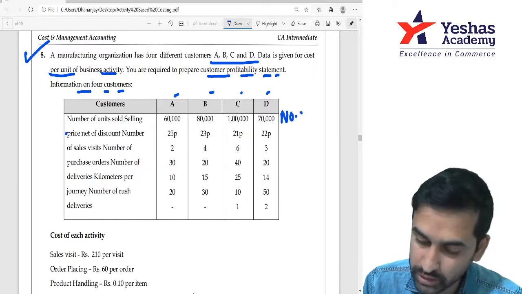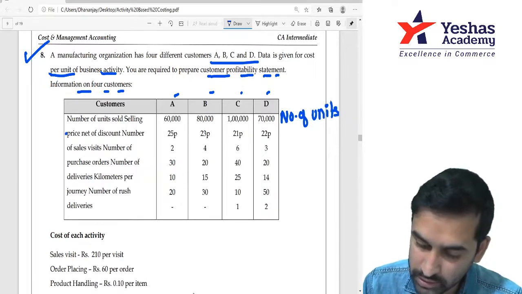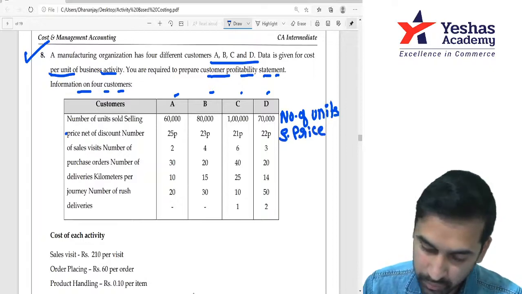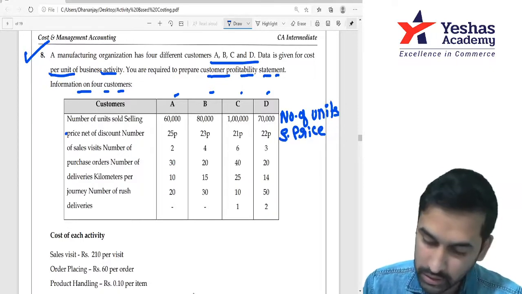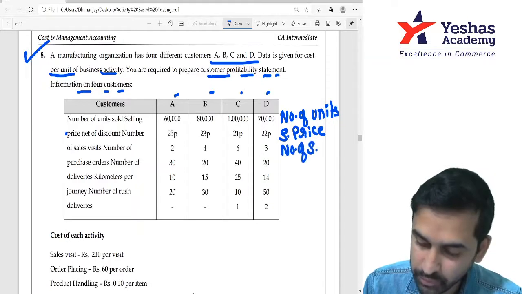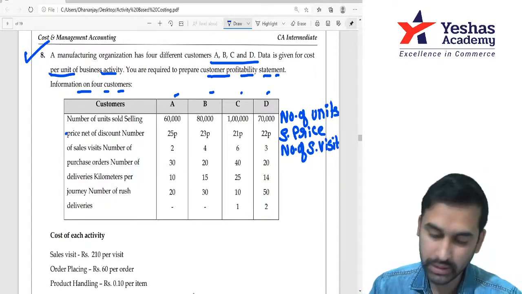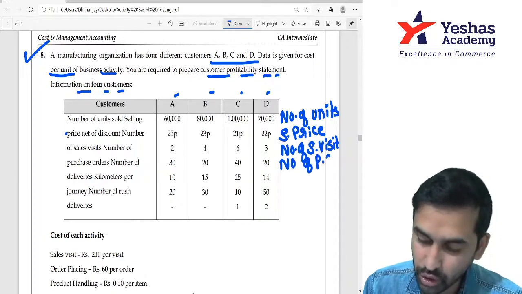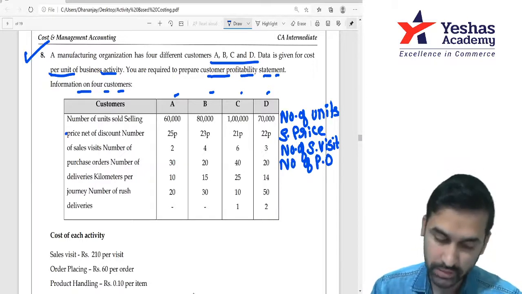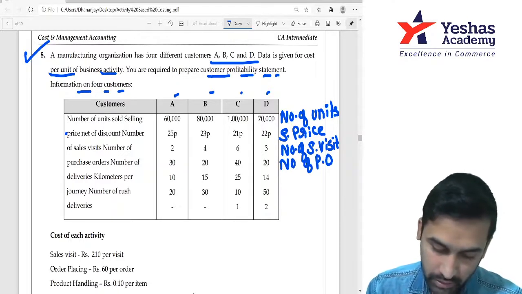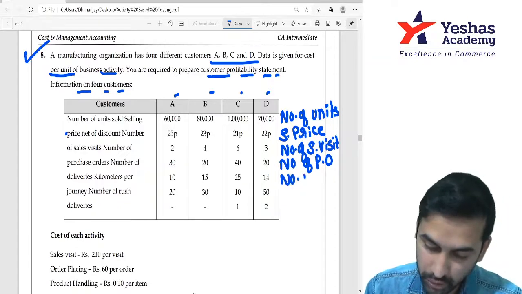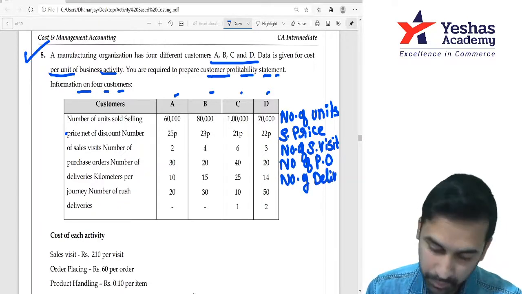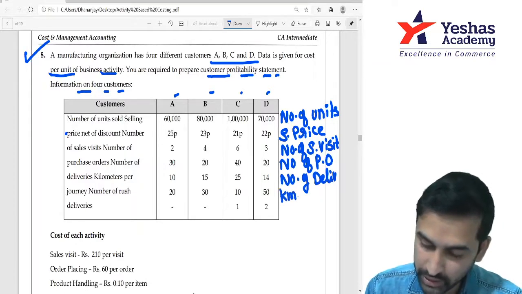So this is number of units, and this is selling price, and this is number of sales visits, and this is number of purchase orders, and this is number of deliveries, and then this is kilometer per journey. Last one is number of rush deliveries.